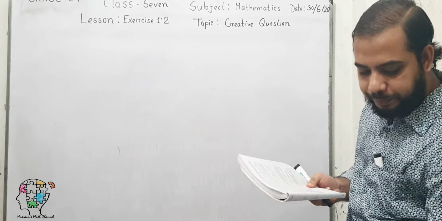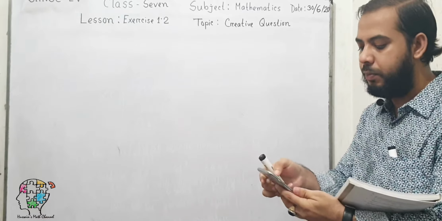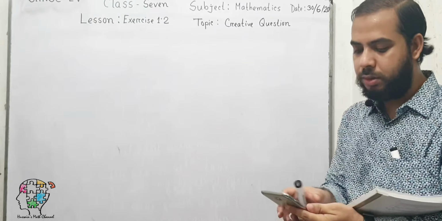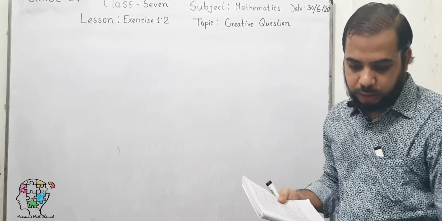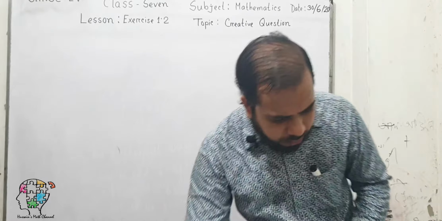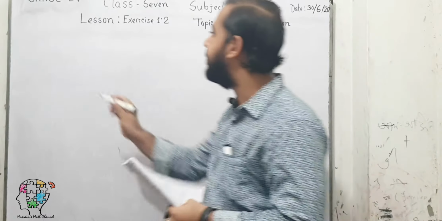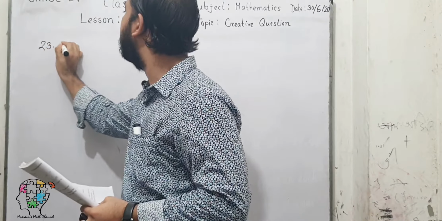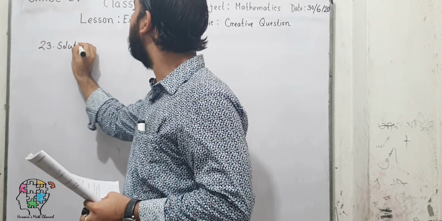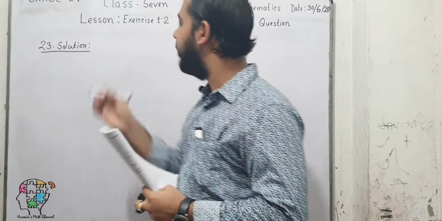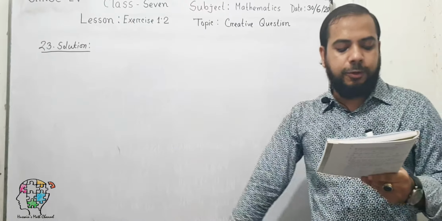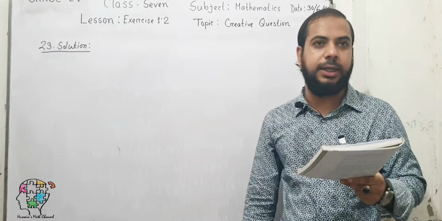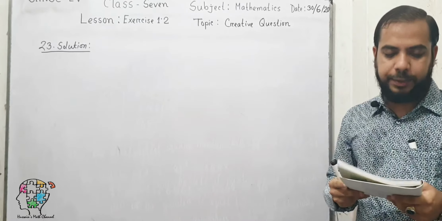Question number 23 asks, 384 and 2,187 are two numbers.